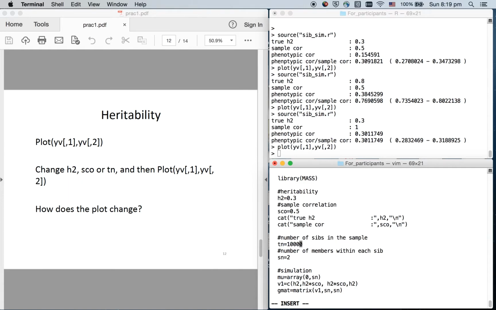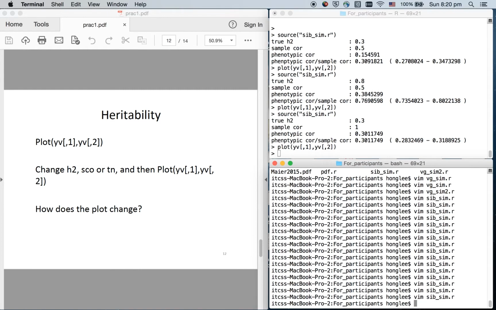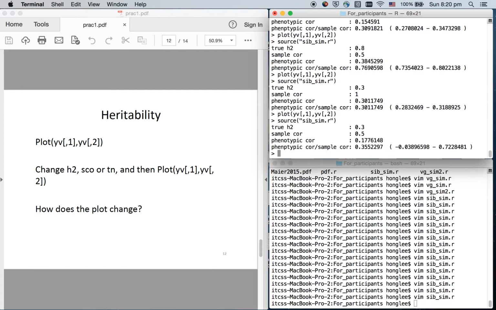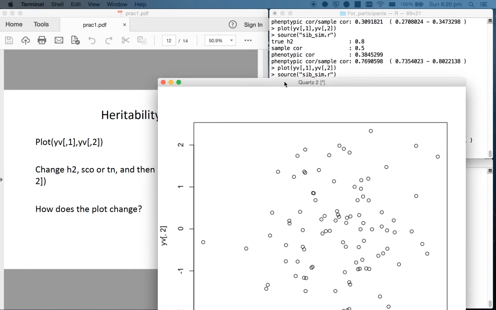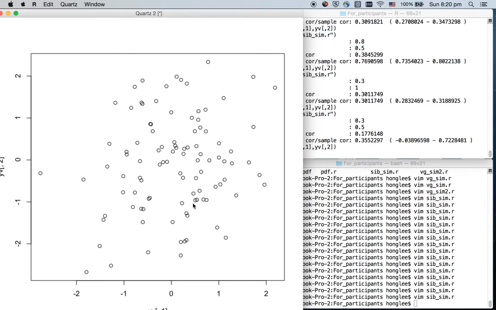Now we change the number of records. Then try it. So now it's reduced. Yeah, something like this. There is number of records.